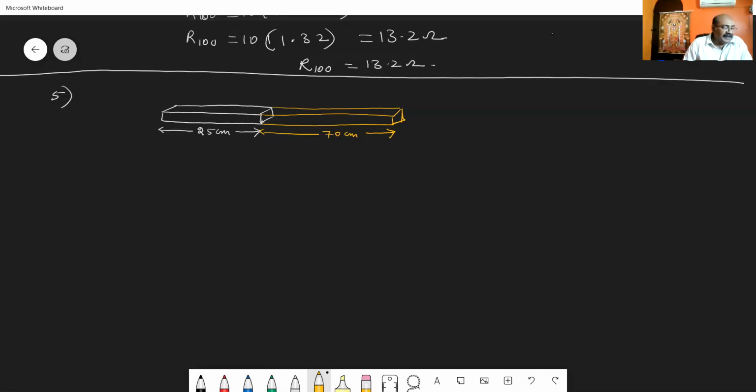The rod given in the figure is made up of 2 different metals. Both have the square cross section of 3 millimeter side.